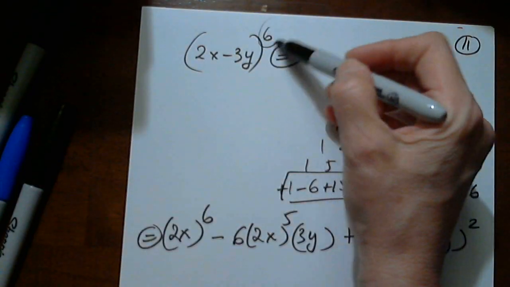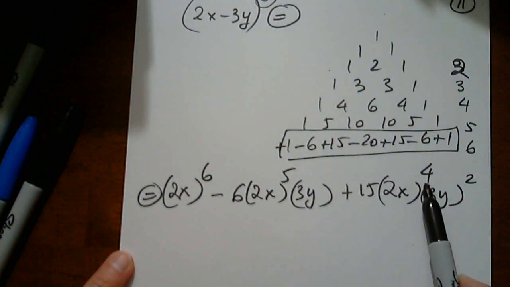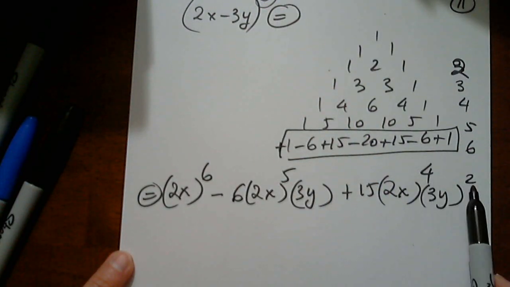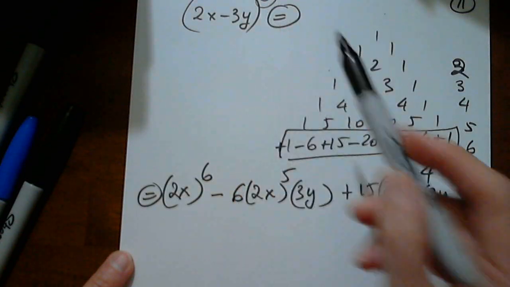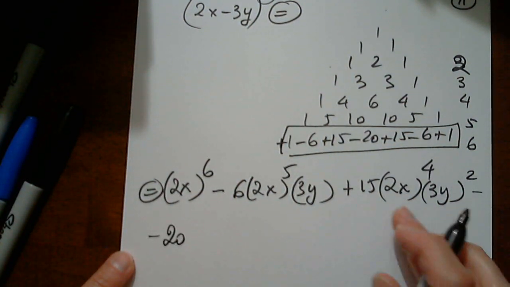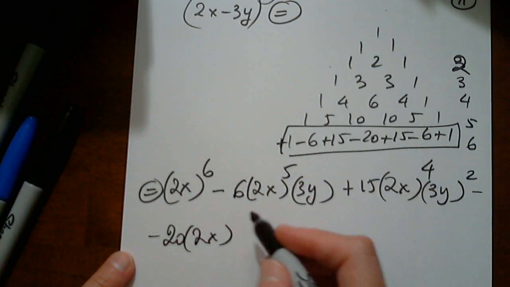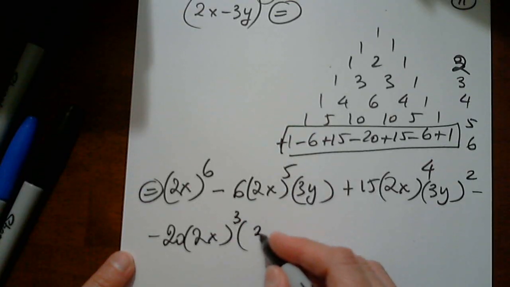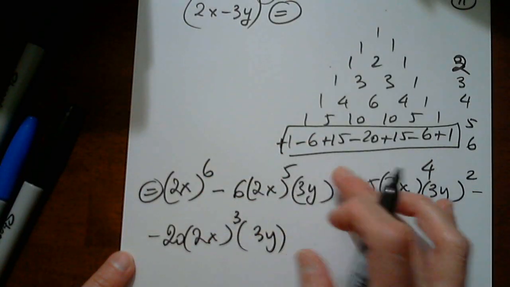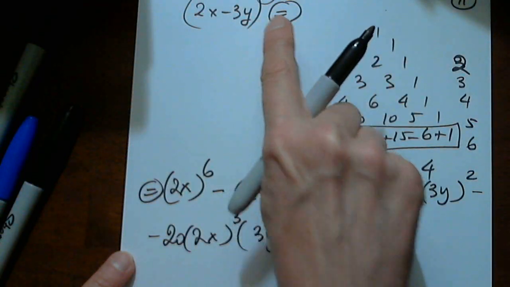Notice power 6, power 5 plus 1 is 6, power 4 plus 2 is 6. Minus 20, 2x decreases from 6 to 5 to 4 to 3, 3y from nothing to power 1 to 2 to 3, 3 plus 3 has to equal 6.